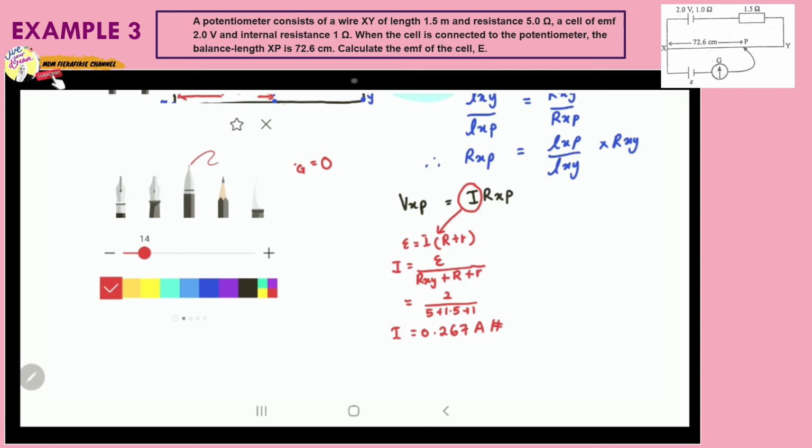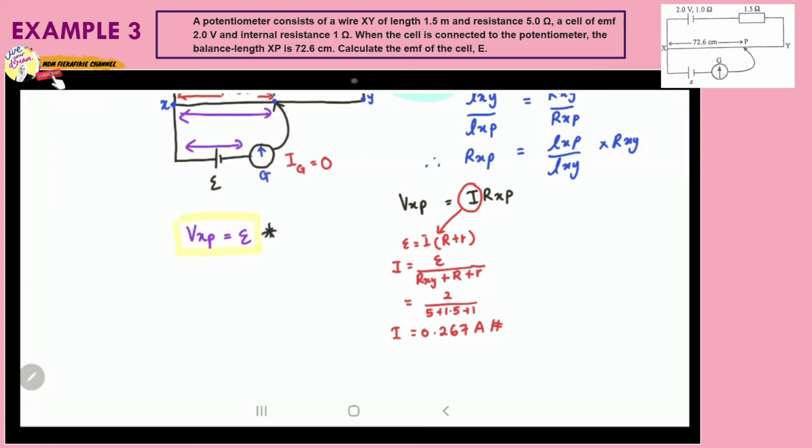I want to find Rxp, right? Remember, we can get the value of Rxp from the ratio method.